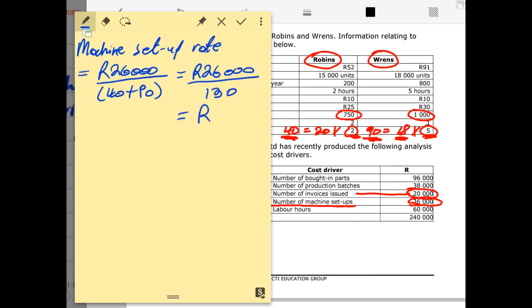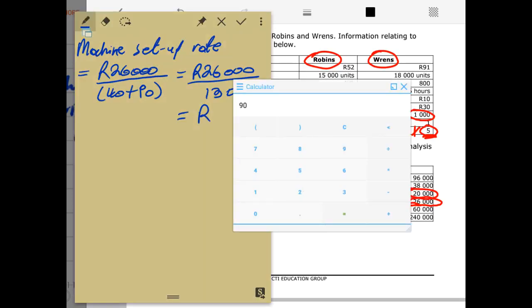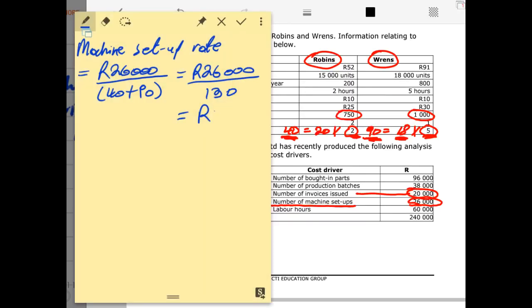Then our rate will be 26,000 divided by 130, and it will be 2,000. And it's 2,000 per machine setup. That means every time the machine is set up, the company will incur an amount of 2,000 per machine setup.